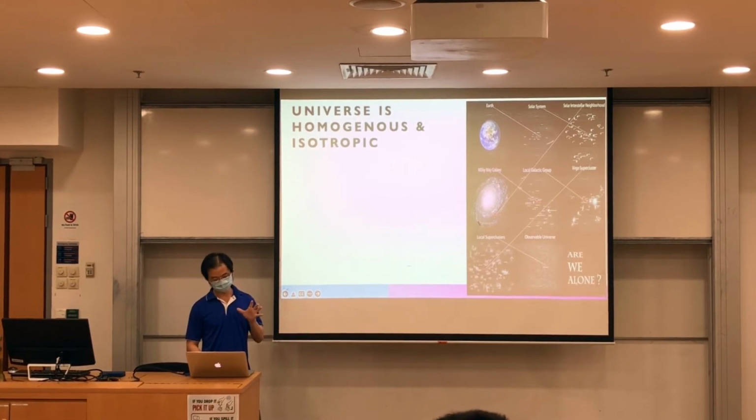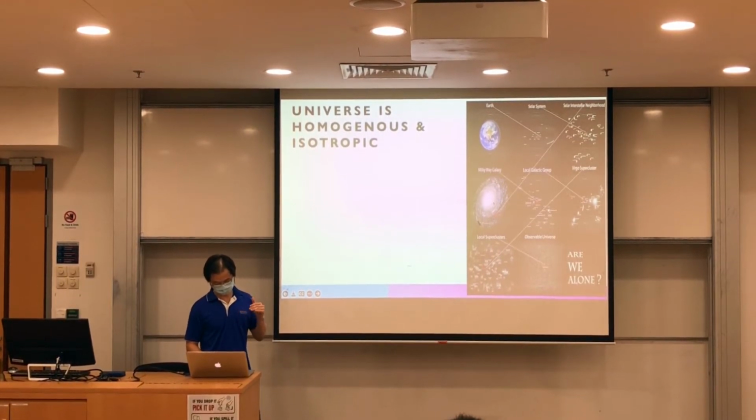So we'll start from the Earth. We will zoom out. So it is part of the solar system. So we are the third planet from the Sun. Then you zoom out further to the nearby stars, so the interstellar neighborhood. And you zoom out to the entire Milky Way galaxy. Okay.